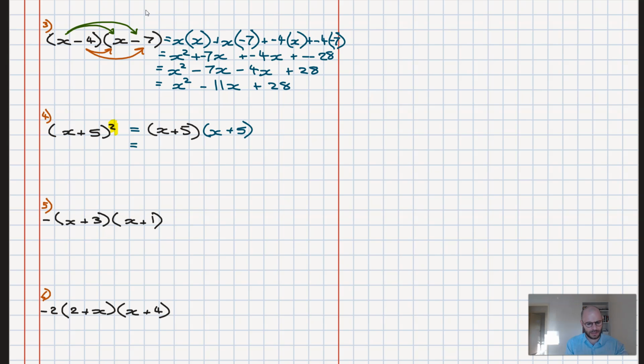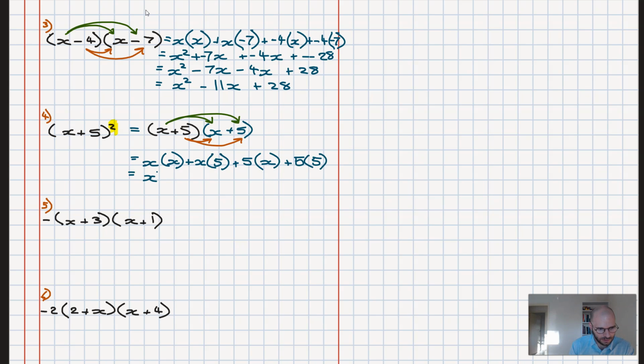Now we're going to expand that out using the same method. So the 2 x's and the x and the 5, and then the 5 and the x and the two 5s. X multiplied by x plus x multiplied with the 5 plus 5 multiplied with the x plus 5 multiplied with the 5.